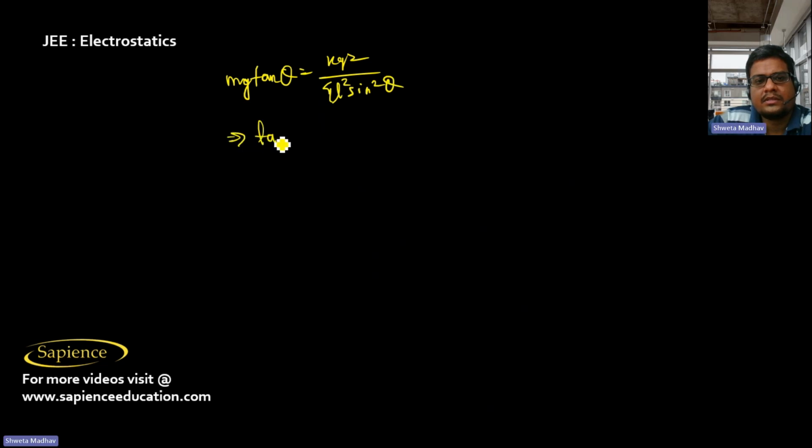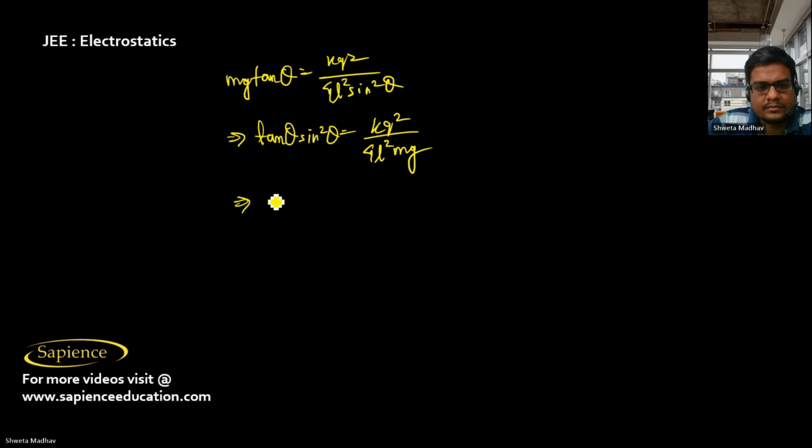That means that tan theta into sine square theta, that is equal to kq square by 4L square mg. And tan theta into sine square theta, this is q square by 4 pi epsilon naught, so 16 pi epsilon naught L square mg.